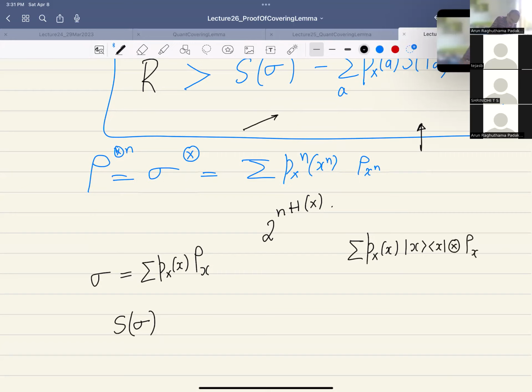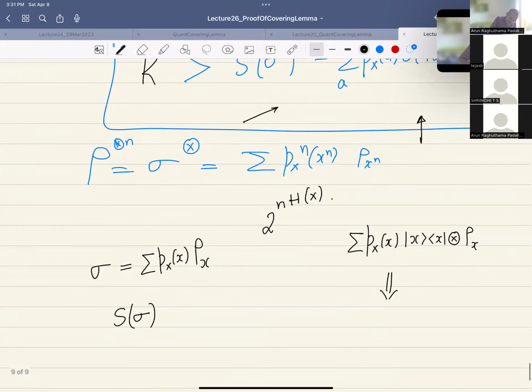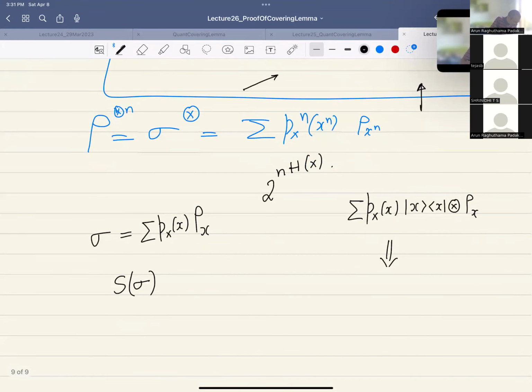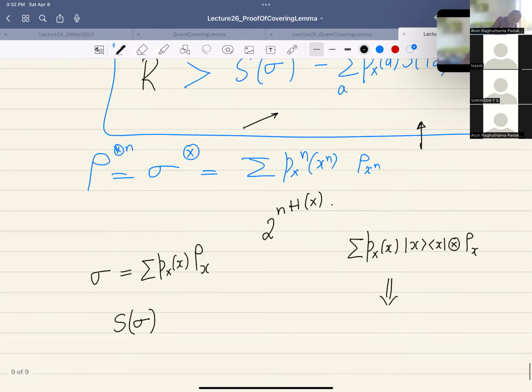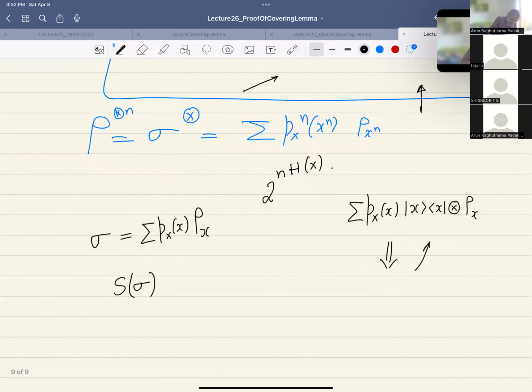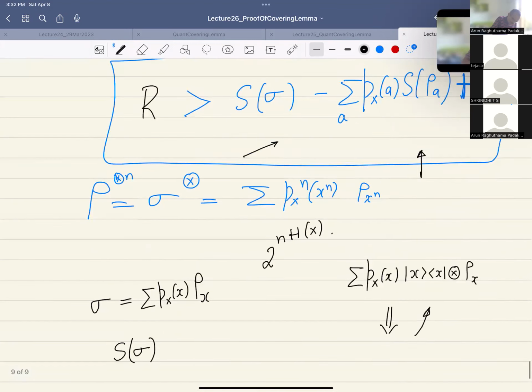What is the entropy of this? I will leave it to you to show. Use this. Show that when all the rho x's are orthogonal, this h of x is going to be equal to this.